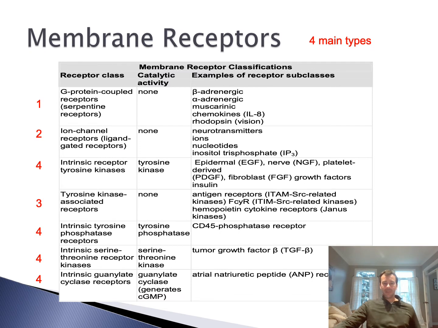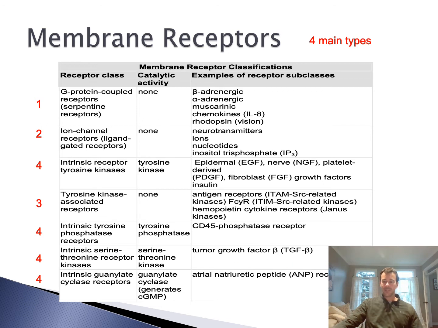Here's a list of the membrane receptors. The four main types are listed here. It's a bit of an eye chart. I don't expect you to memorize this, but it just gives you a sense of the different membrane receptors. And I'll talk about the four main ones that I want to cover here, notably the G-coupled protein receptors, ion channel receptors, these tyrosine kinase associated receptors, and then those that have intrinsic enzymatic activity.